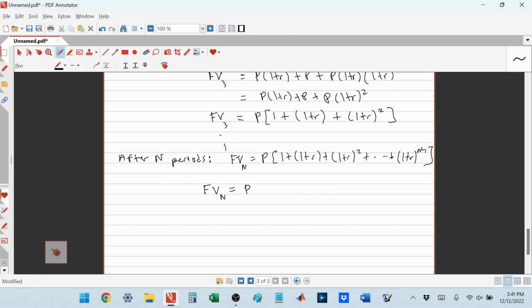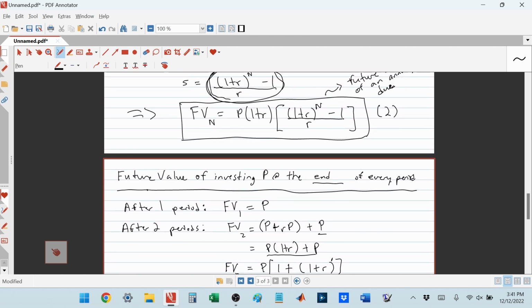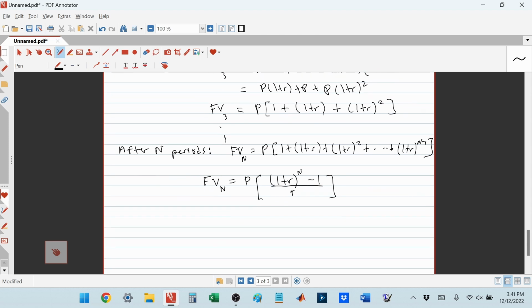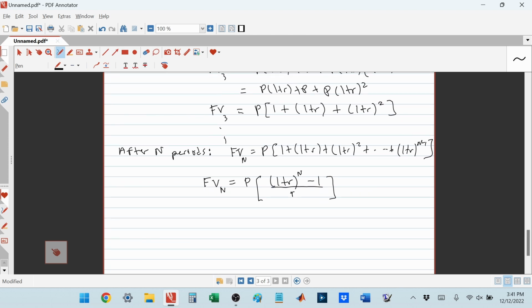We're going to have P times 1 plus R to the power of n minus 1 all over R, and that's our third equation.